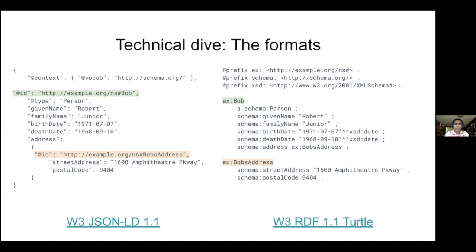And so it still expands out to the same thing that you see on the ID on the left, but it provides a slightly more compact way of representing things. We could have represented this in a slightly more compact way also in JSON-LD, but this is meant to illustrate that both the Turtle and the JSON-LD forms are representing exactly the same information. And if you get used to one of them, you get used to the other one.